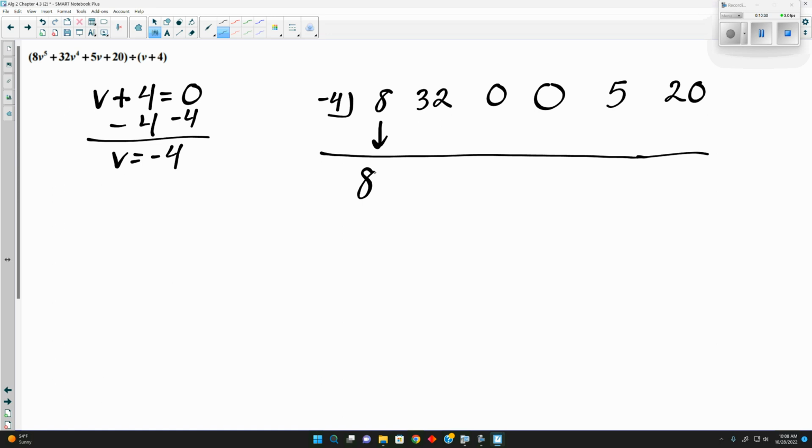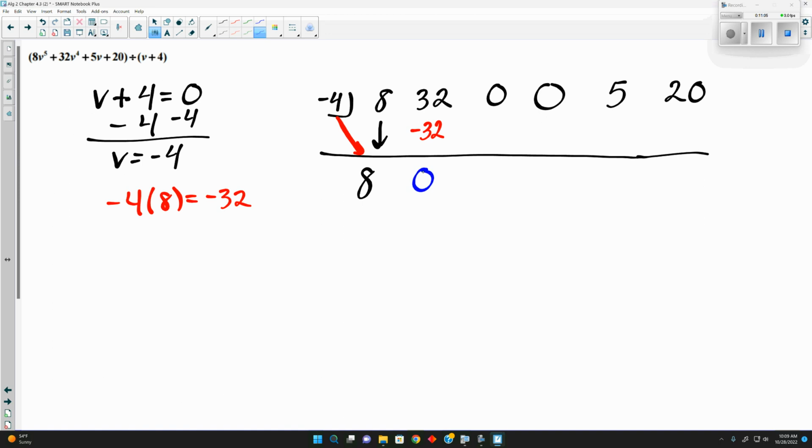Now at this point, this one's actually going to work out very nice, because we're going to do the same steps. Negative 4 times 8 is, well, 8 times 2 is 16, 16 and 16 is 32. So we'll put negative 32 under the next number, which is 32. What's 32 plus negative 32? Okay.